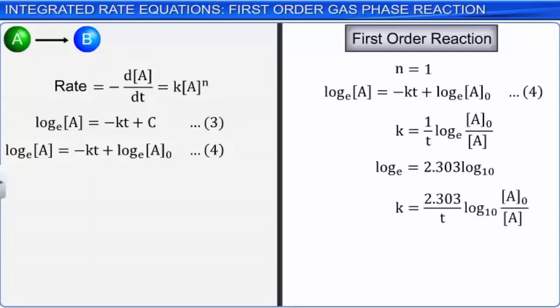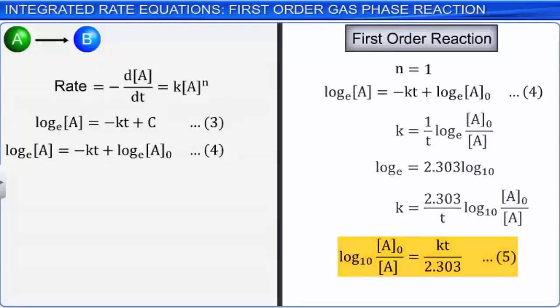This equation can be further rearranged as log [A]0 divided by [A] is equal to k multiplied by t divided by 2.303. Let this be equation 5.